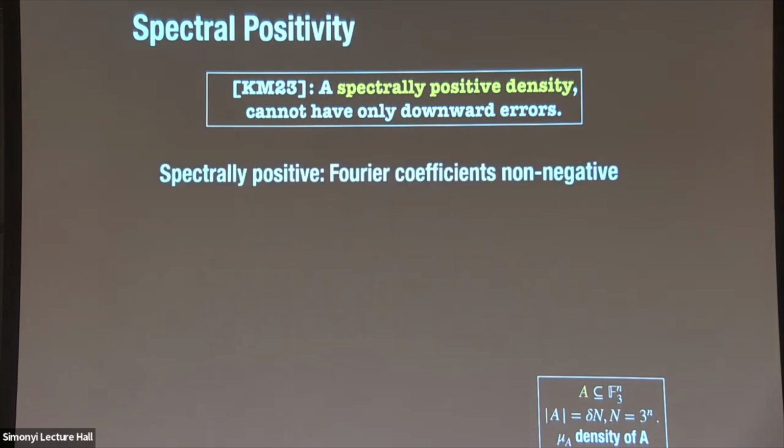What do we mean by spectrally positive? It just means that all of the Fourier coefficients of your function are non-negative. So you have a density on F3 to the n or any space, you do Fourier analysis, look at its Fourier coefficients, and if all of the coefficients are non-negative, then it is spectrally positive. And if it is spectrally positive, we show that if you have downward errors, you must also have upward errors.